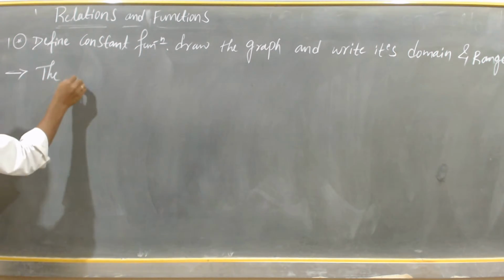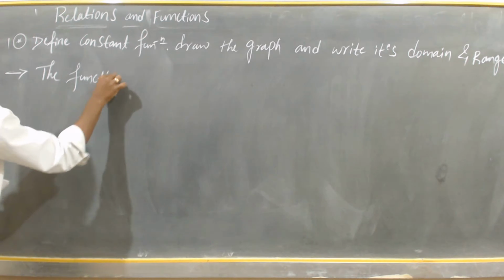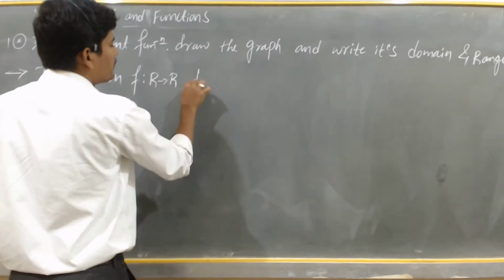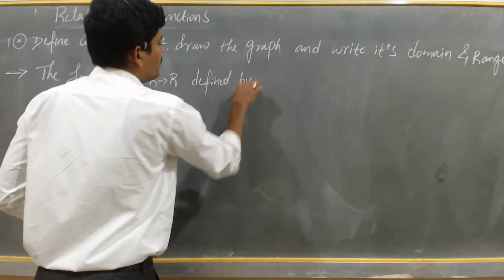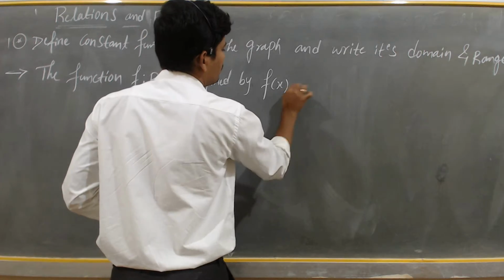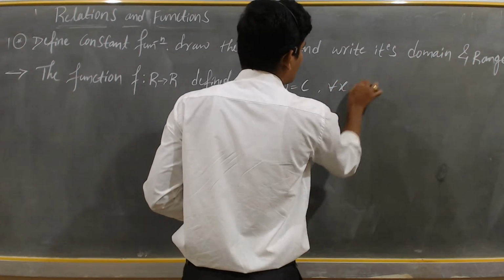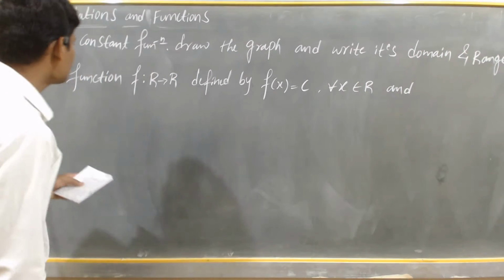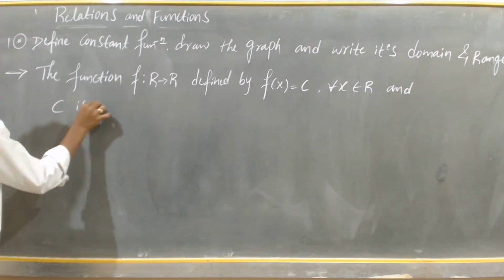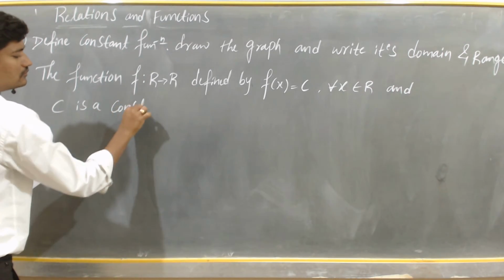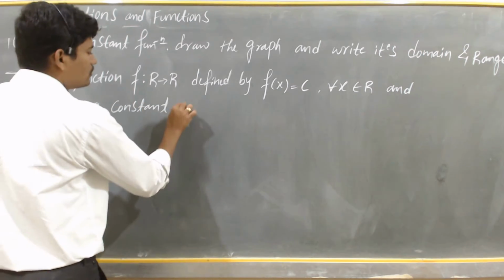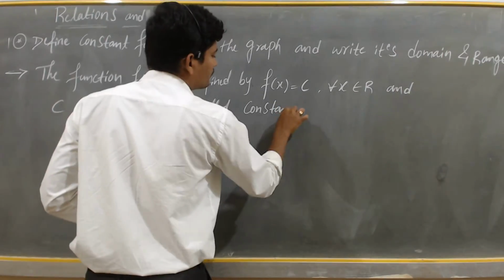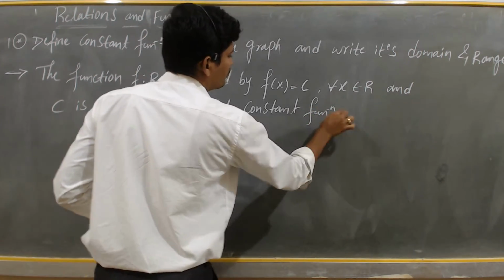First of all we will write the function. The function f from R to R defined by f(x) = c for all x belongs to capital R, and c is a constant, is called the constant function.